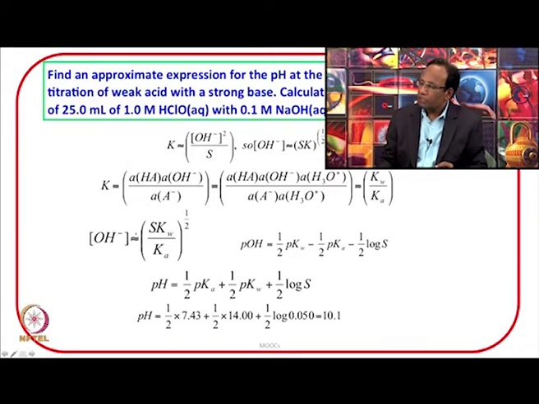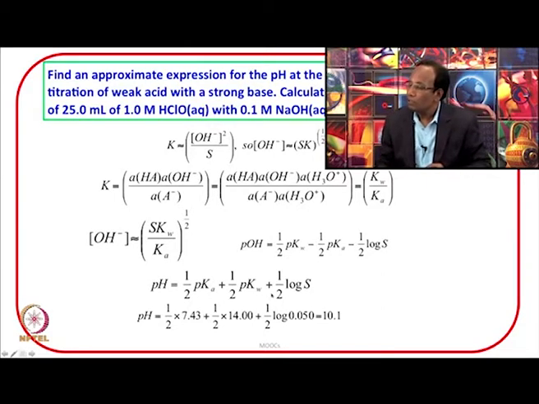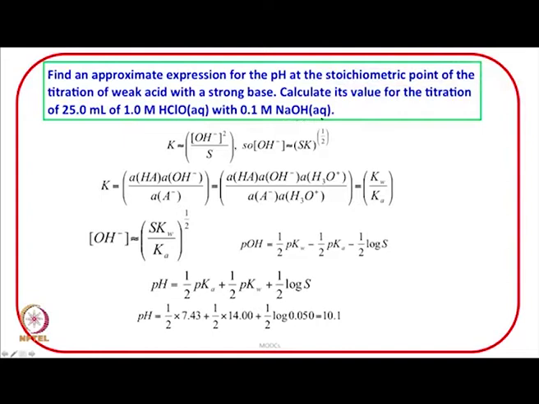So, please try to solve this in a detailed way by yourself, but this method describes how pH can be obtained at the stoichiometric point, and this is the expression to be used at the stoichiometric point, that I showed in the previous figure. The equivalence point, that is the concentration of salt, can be calculated from the given information, and that please try yourself.